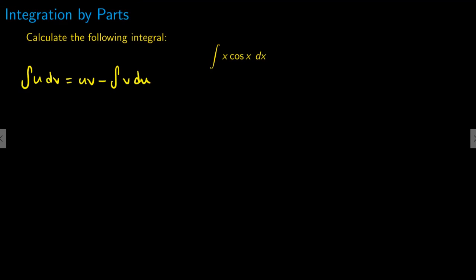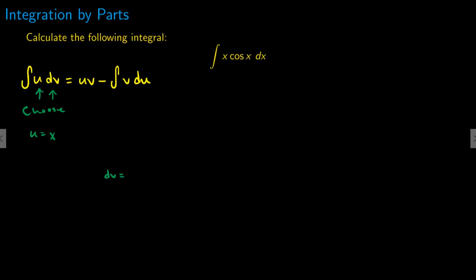And so we'll set this up. We'll have u is equal to something, which we're going to choose, and dv, I'll write down here, it's going to be the other piece we choose. And so sometimes it's a little tricky to pick these, but we're going to let u be equal to x and dv be equal to the remaining piece, cosine x dx. So we see these pieces sitting here. This is our dv piece, and this is the u piece.